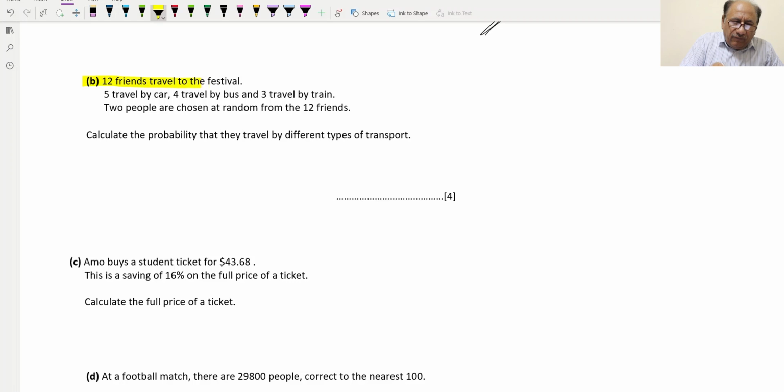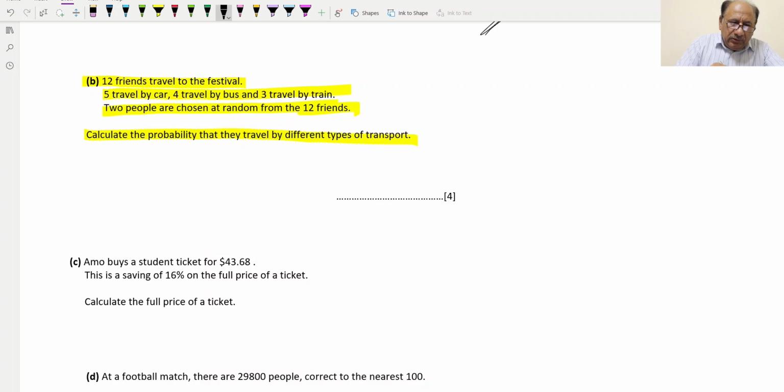B part: 12 friends travel to the festival, 5 travel by car, 4 travel by bus, and 3 travel by train. 2 people are chosen at random from the 12 friends, and calculate the probability that they travel by different types of transport. So different types of transport can be what?